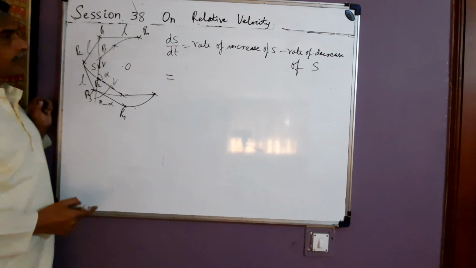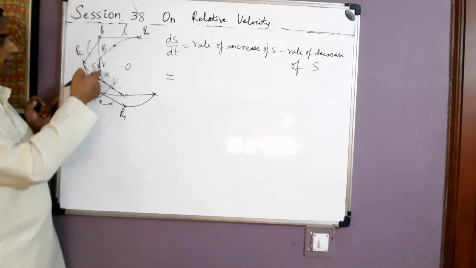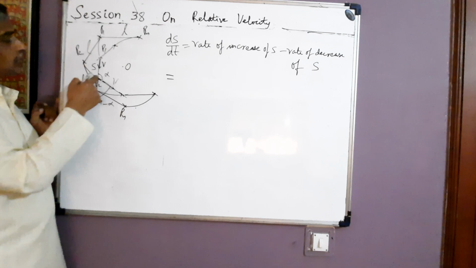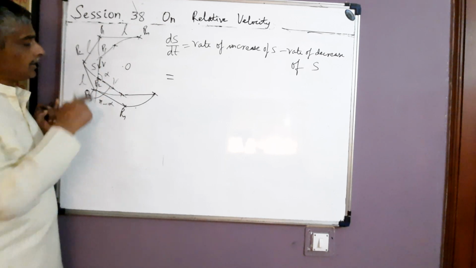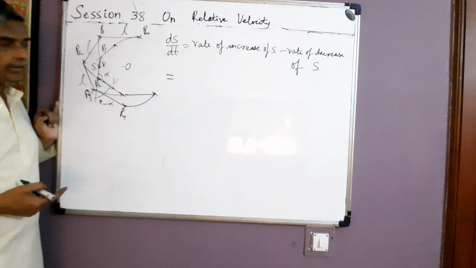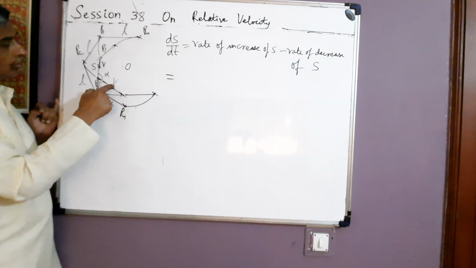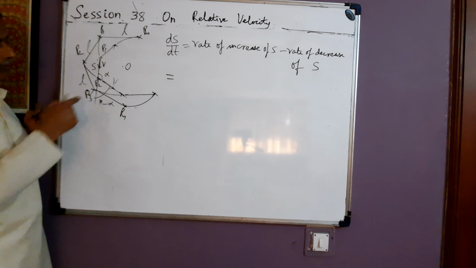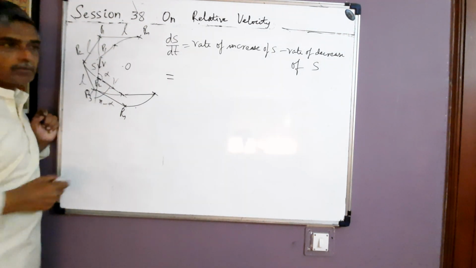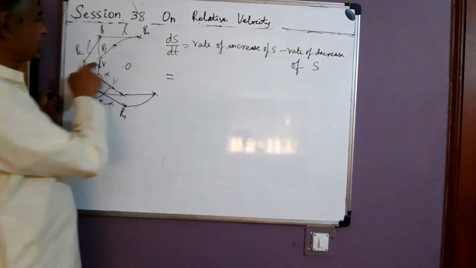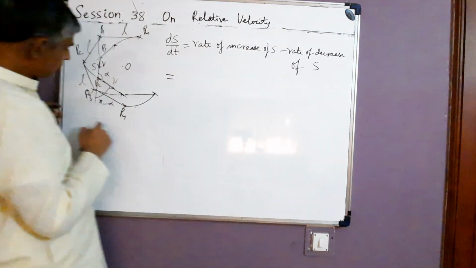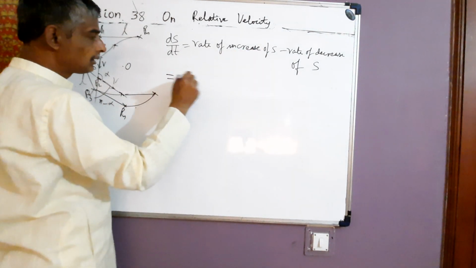Now see, this v has a component along this direction and a component normal to P1P2. The component of v normal to P1P2 will not have any effect on s. s will be affected only by the components of velocities of P1 and P2 along this line P1P2. So the component of v along this line is v cos(pi minus alpha), and that tends to increase s. It is directed in this way. So the rate of increase of s will be v cos(pi minus alpha).